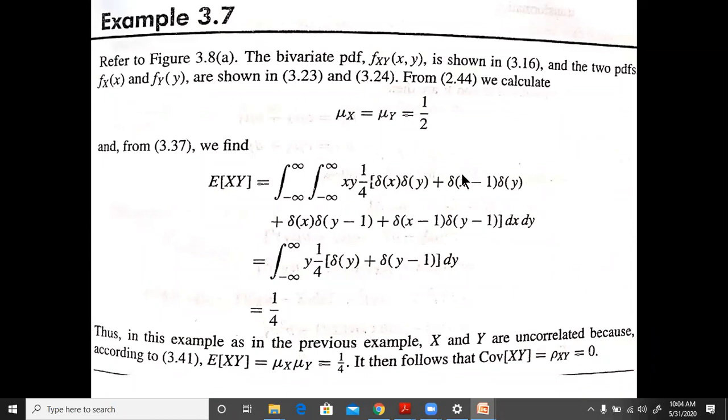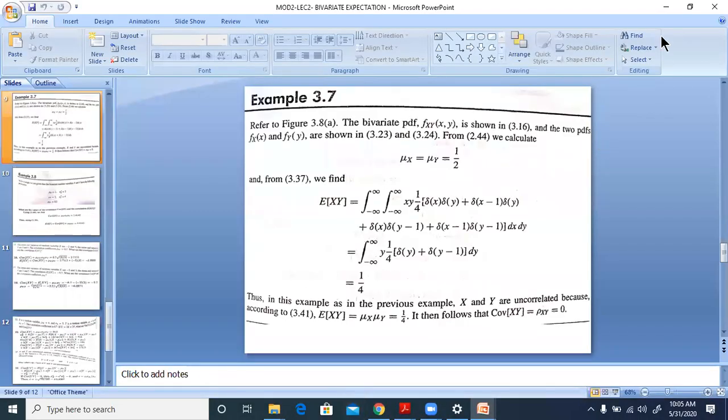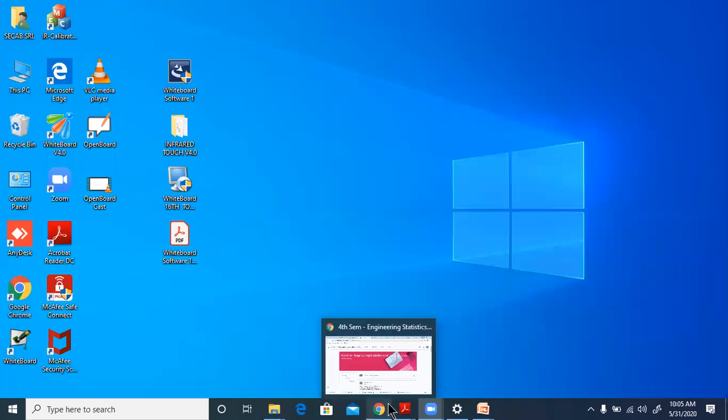This will be the total value which corresponds to f of xy, x comma y, and that will be 1 by 4 of delta x delta y plus delta x minus 1 delta y, and so on. If you simplify this, the other 2 terms are over here, with dx dy. This we have already found out in the problem associated with figure 3.8a, which we considered in the last class.